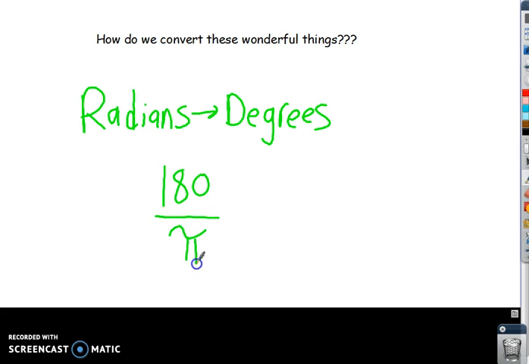Now, in terms of angle measures, 180 is the same as pi, so I'm really just multiplying something by 1. I'm just adjusting it by a conversion factor here. To go from radians to degrees, radians oftentimes include pi, so the pi needs to be in the denominator to cancel it out, and I need to multiply by 180 to create a larger number.